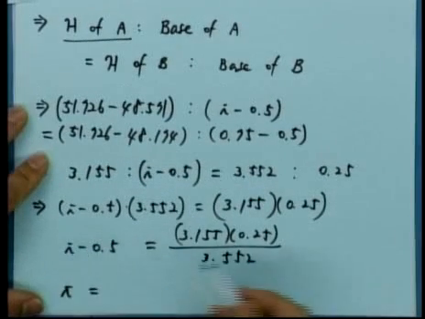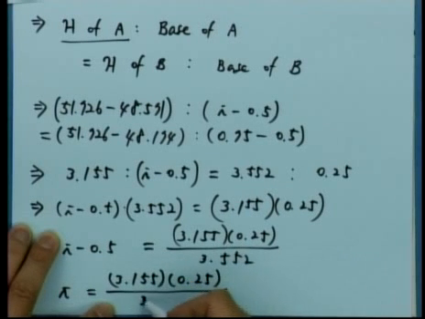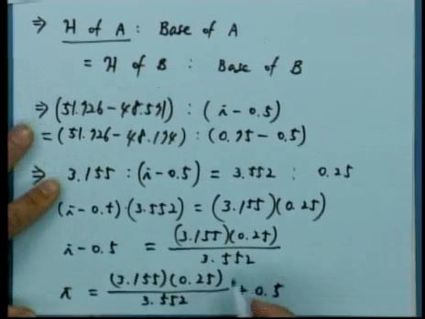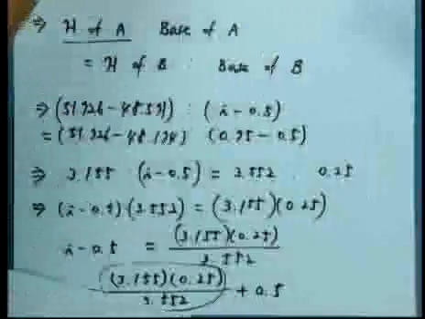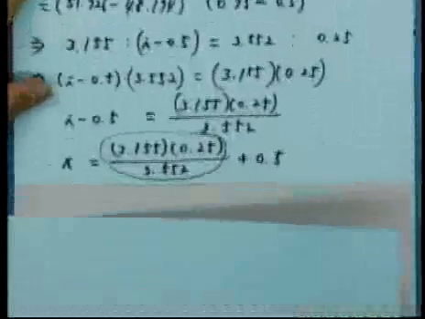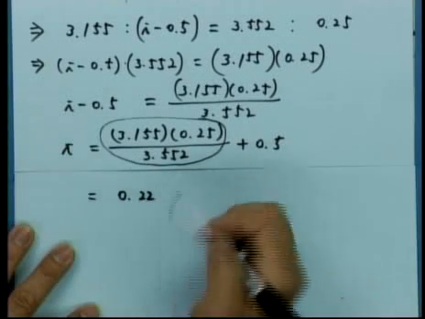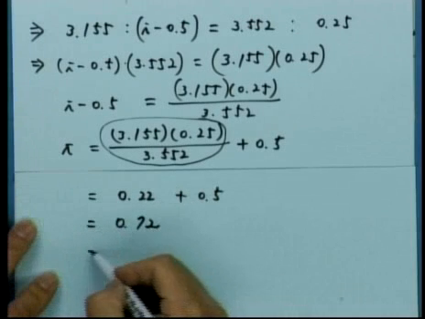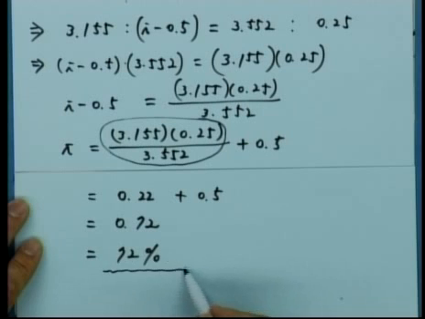So I equals 3.155 times 0.25 divided by 3.552 plus 0.5, right? So what is the value of this? From my previous calculation, it's going to be 0.22. So 0.22 plus 0.5, which is 0.72. So it's going to be 0.72%, okay? This is the monthly rate of return on our investment, okay?